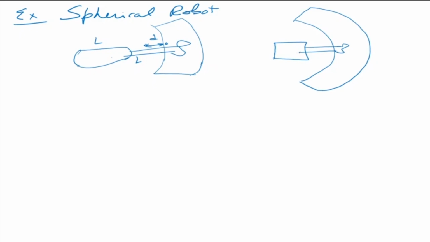Now what is the index for this robot? So what we can see is that the length is equal to 2L plus D, that's my total length. Now if I say that the robot moves theta1 is equal to 180 degrees and theta2 is 90 degrees, then let us make an assumption that the maximum reach is 60 and the minimum reach is 10. So the tool tip has a reach of 60.